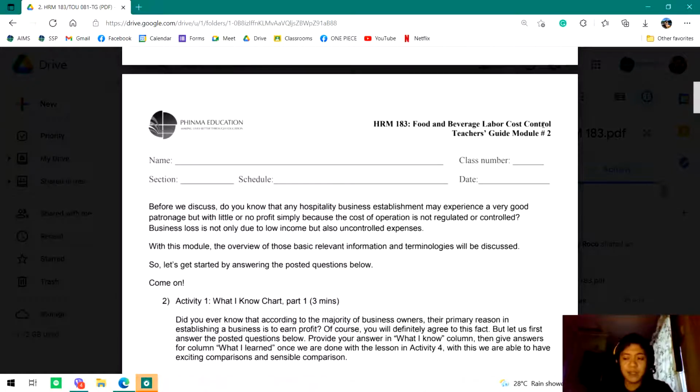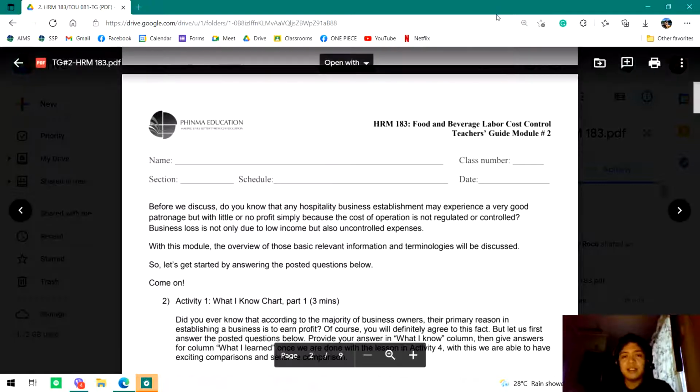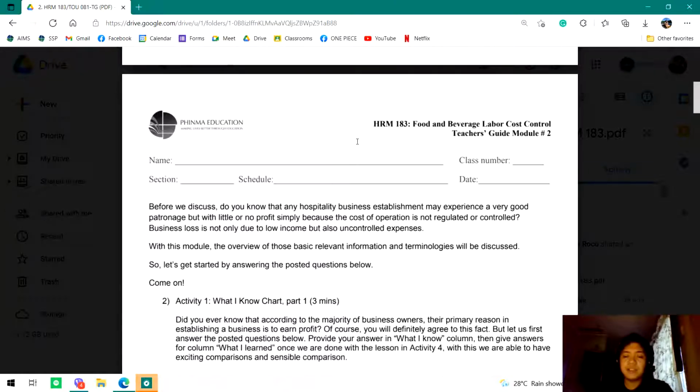Even here in our industry, hospitality and tourism, it is very important kasi you cannot really measure profit or net sales without deducting first all of the cost that you have incurred, or lahat ng mga gastos na ginawa mo.